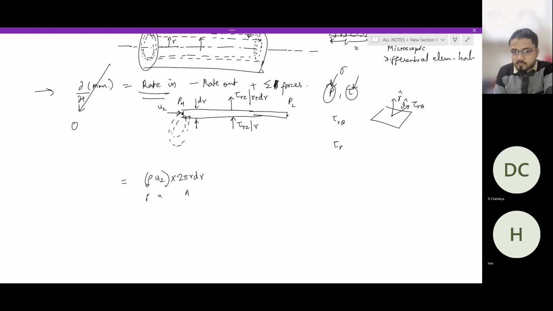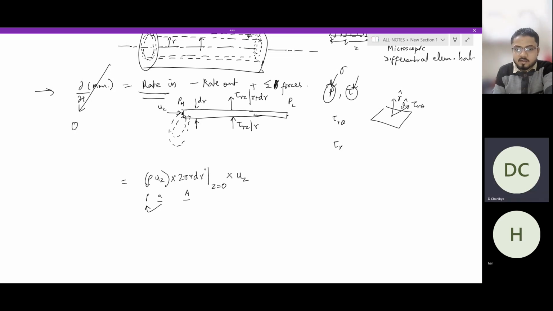U times A is the volumetric flow rate, and you multiply it by the density of the fluid, and you get the mass flow rate. This is the entering rate, right? The mass that is entering right here, and multiply this by uz.